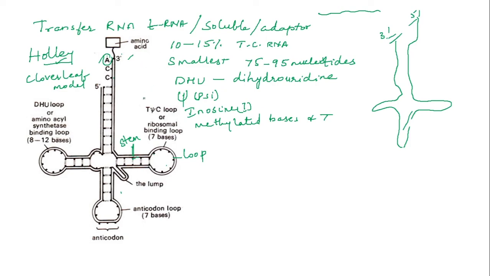Then there is another loop which is called the T-psi-C loop, or the thiamine arm. It is located near the 3' region, very close to the 3' end. It has 7 unpaired bases in this loop.